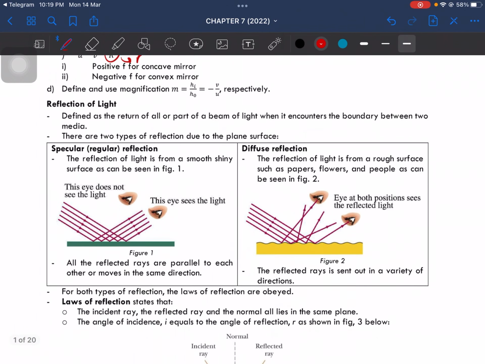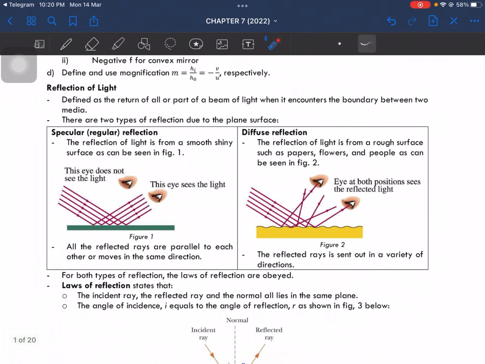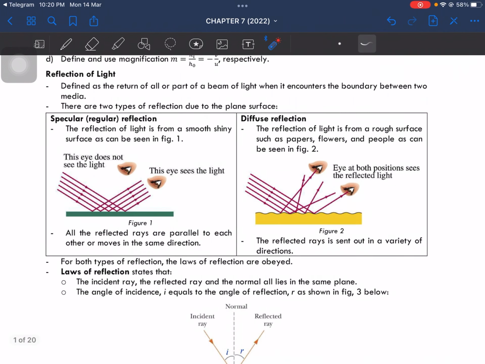Now, reflection of light. Reflection of light is the return of all or a part of a beam of light when it encounters the boundary between two media. For example, look at figure 1. Reflection of light can be seen from a smooth shiny surface. When it hits the surface here, it is reflected back to this side, so this eye can see the light.